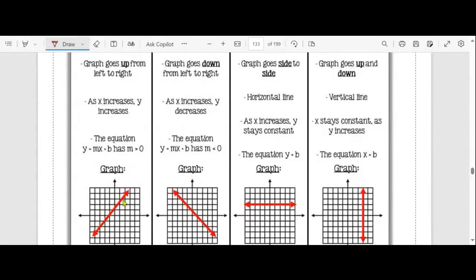So you can see the line here, what is it doing? Increasing, right? And this line is what? It's going down, so it's decreasing, right? It's going this way, from increase to where?